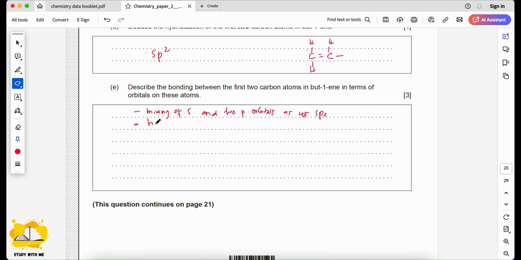For sp2 it's head-on overlap, sigma bond, and for the pi bond it's a sideways overlap of p orbitals above and below the internuclear axis. That is the case for every pi bond. All right.